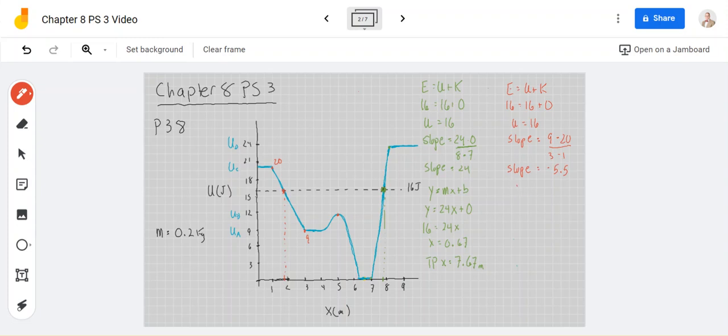Let's put in y equals mx plus b. Y is equal to negative 5.5 x plus, and I started my graph here at 20. So I'm going to plug in: 16 is equal to negative 5.5 x plus 20. And I'm going to calculate that.